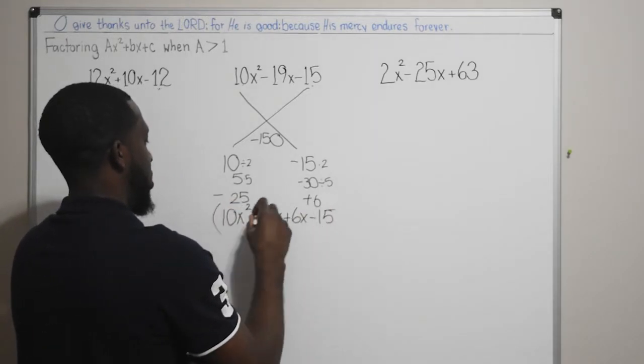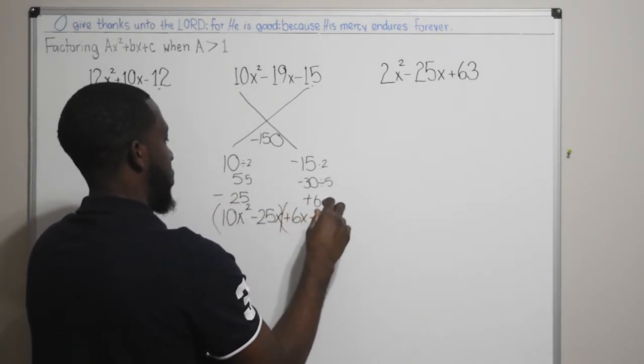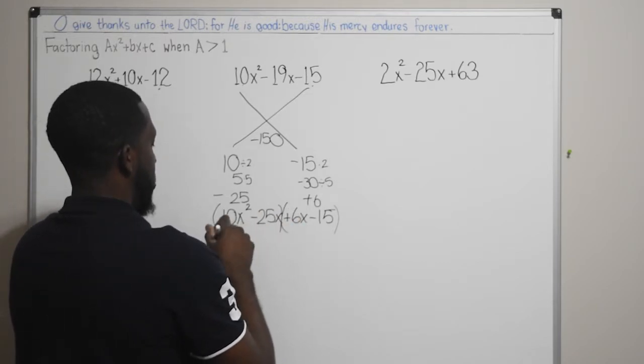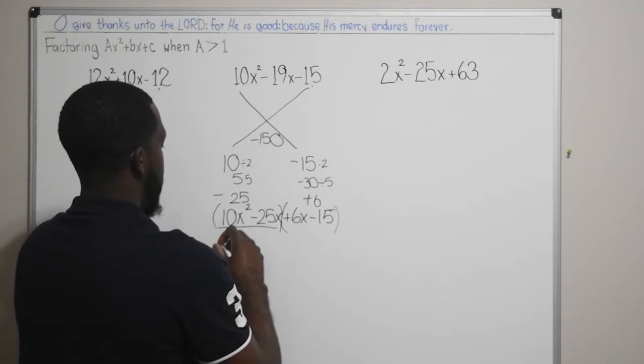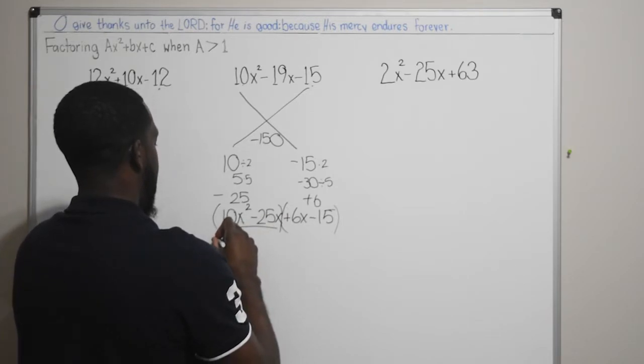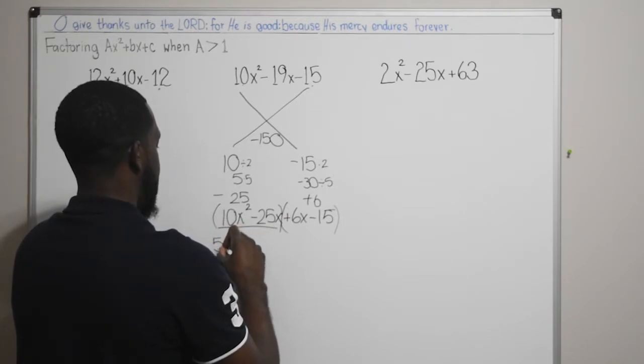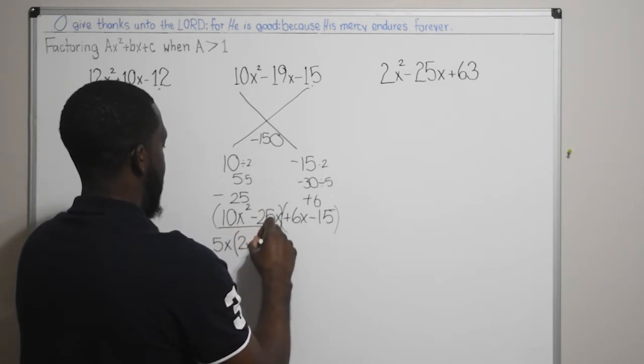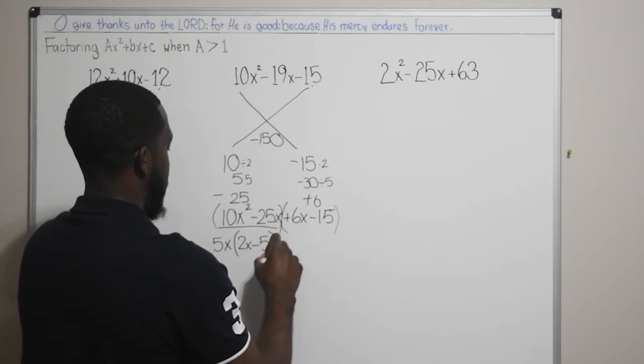Okay, now we just group them together. All right, then we factor out the greatest common factor. So the greatest common factor of this right here, we're gonna pull out a 5 and an x. And so we're gonna be left with 2x minus 5.